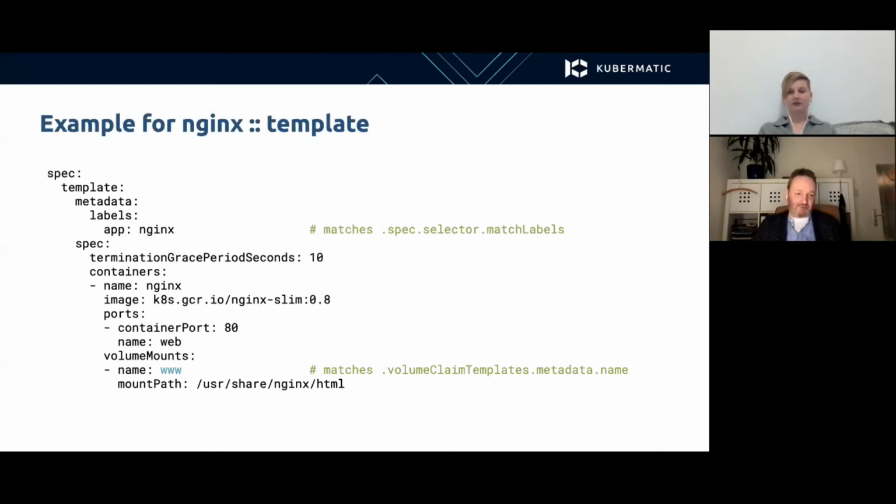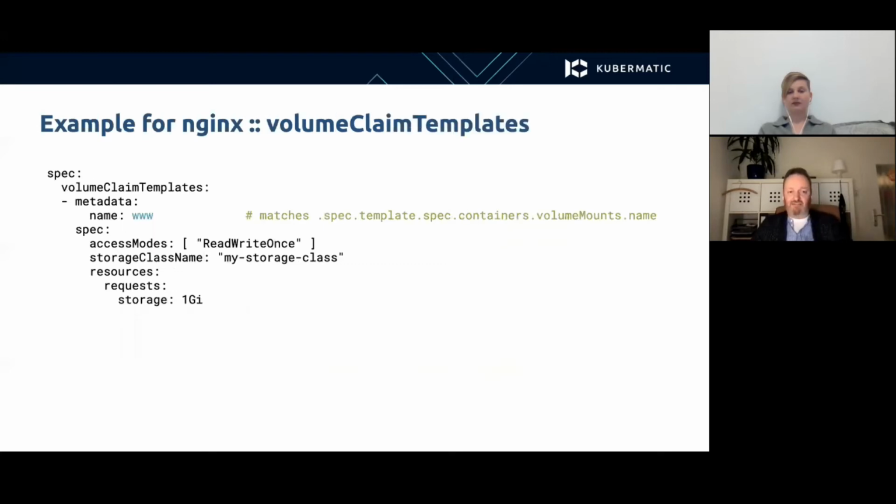So if you say in a StatefulSet you have a replica set with, let's say, 25 of these nginx containers or pods, then I've got 25 volumes here, as shown in the graphics in the beginning. So that's important.